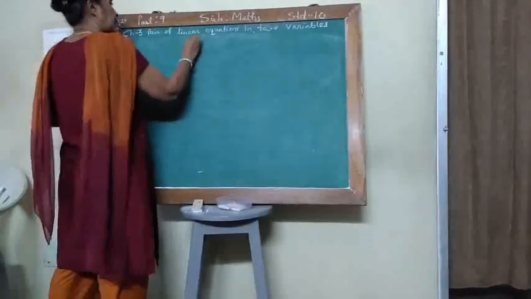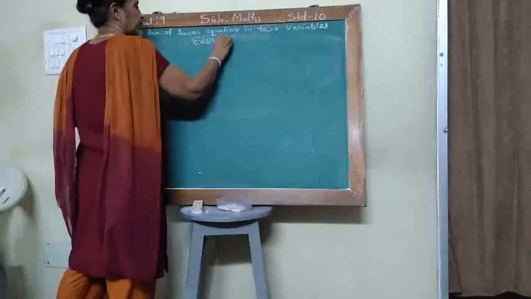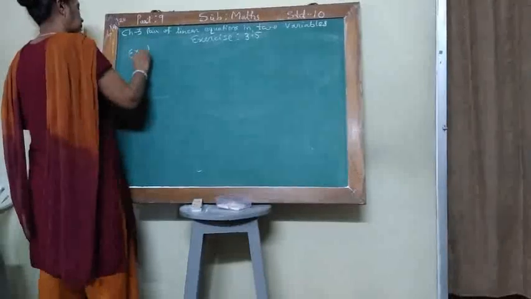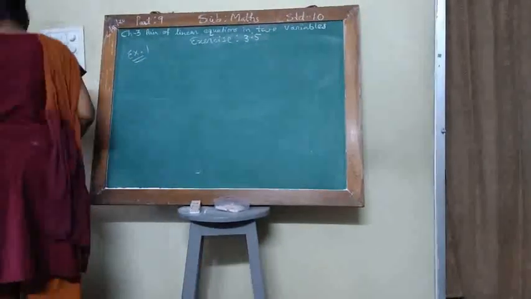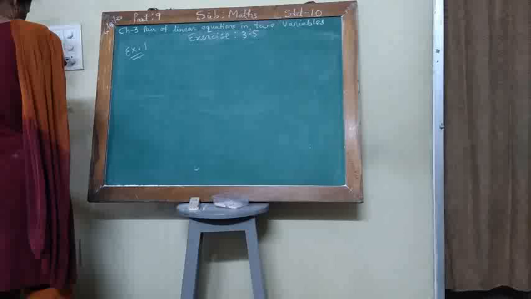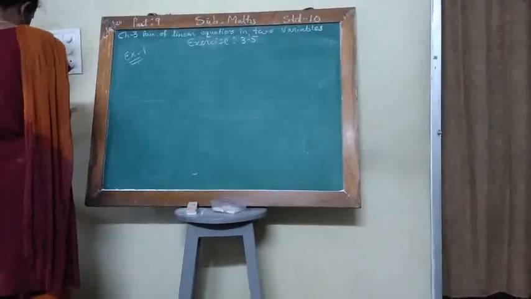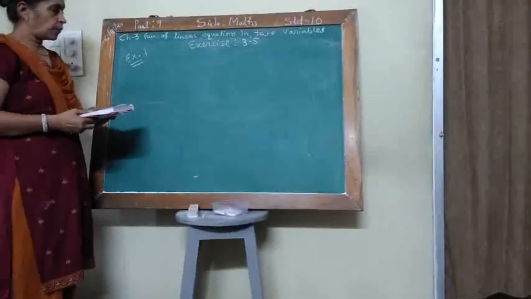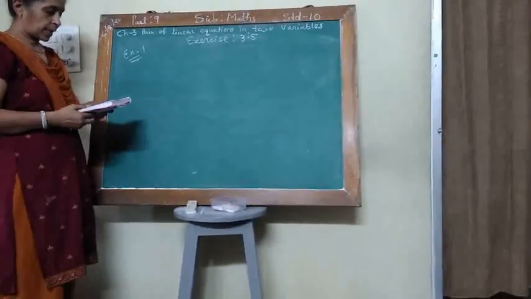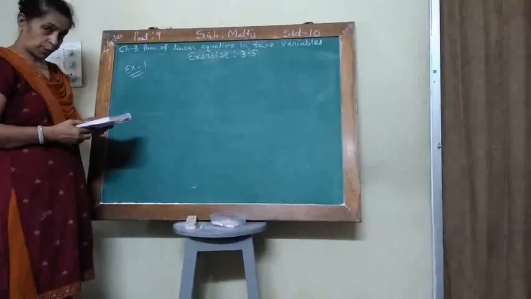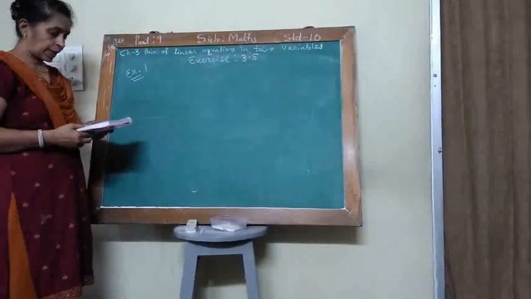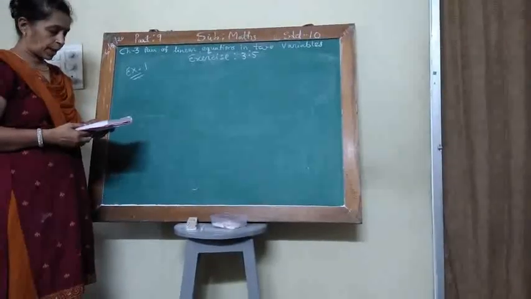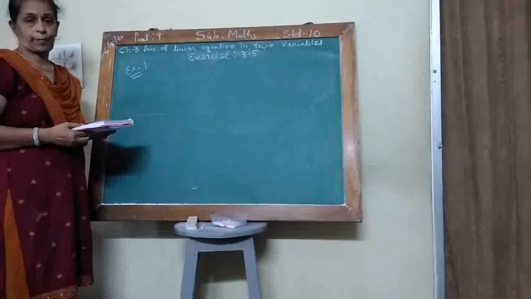So exercise 3.5, example 1. I read the sum of exercise 3.5, example 1. They say: which of the following pairs of linear equations has a unique solution, no solution, or infinitely many solutions. In case there is a unique solution, find it by using the cross multiplication method.